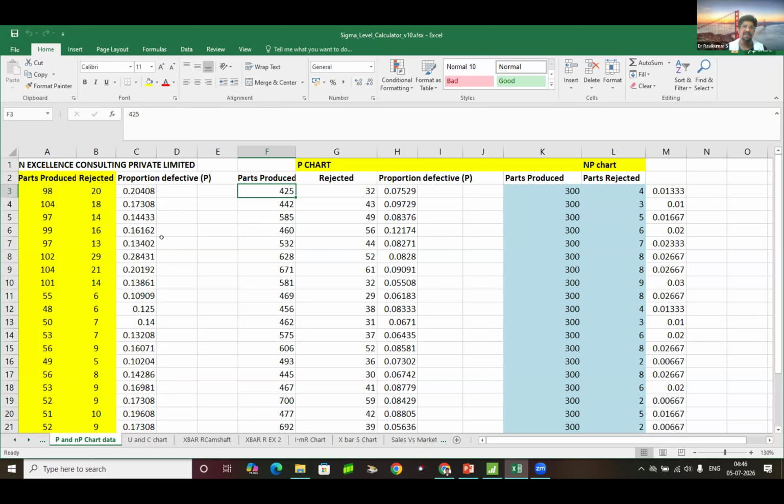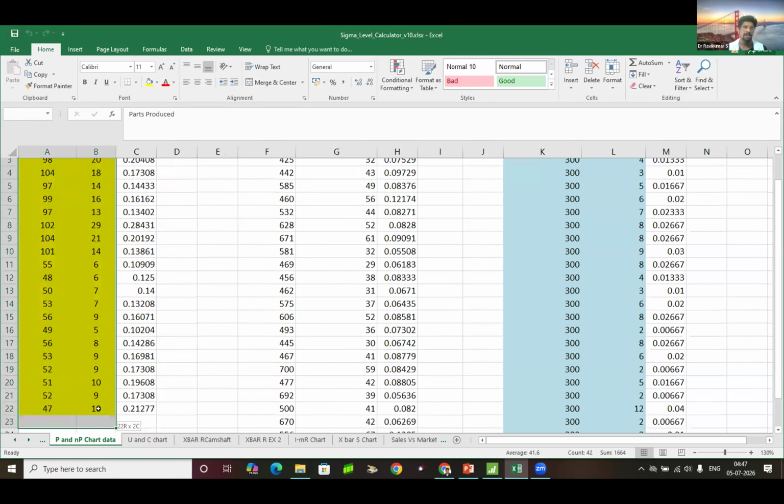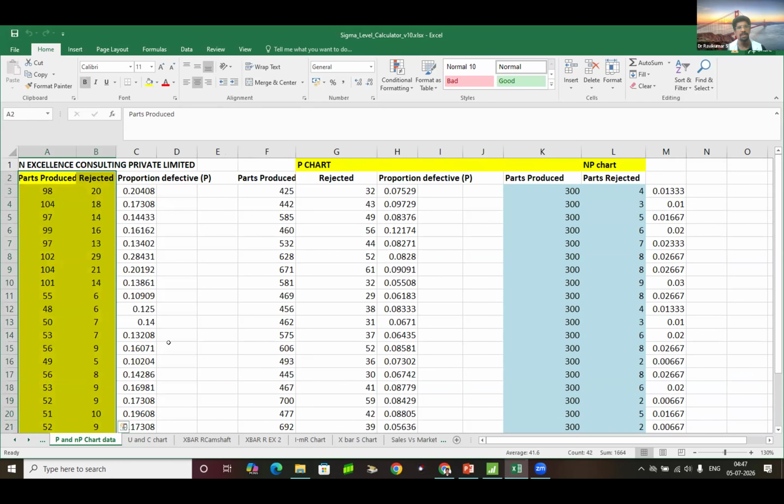Okay, now I believe all of you have opened it. If you don't have Minitab installed on your laptop, or don't have a laptop right now, just follow me, observe me, and listen to me. Now we are going to copy the first two columns, parts produced and rejected.